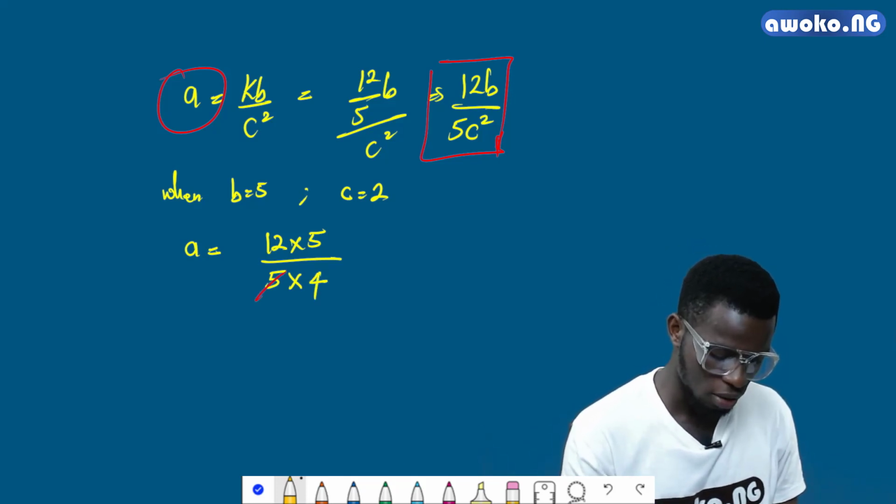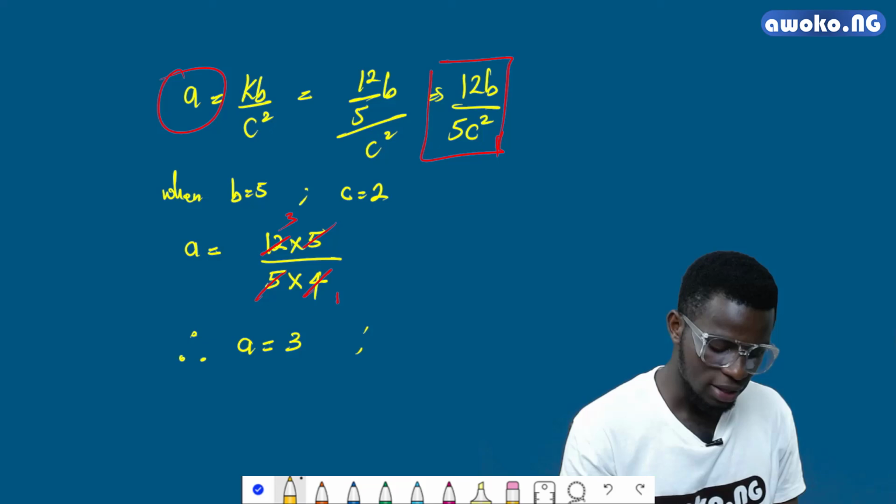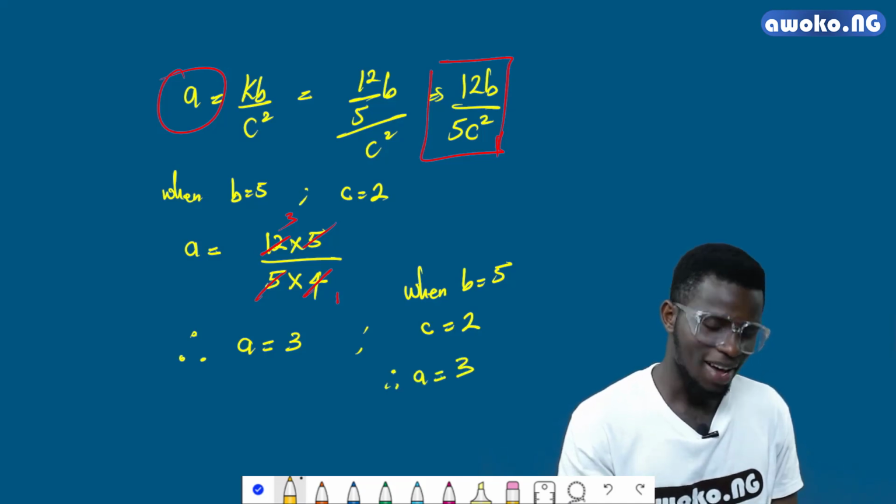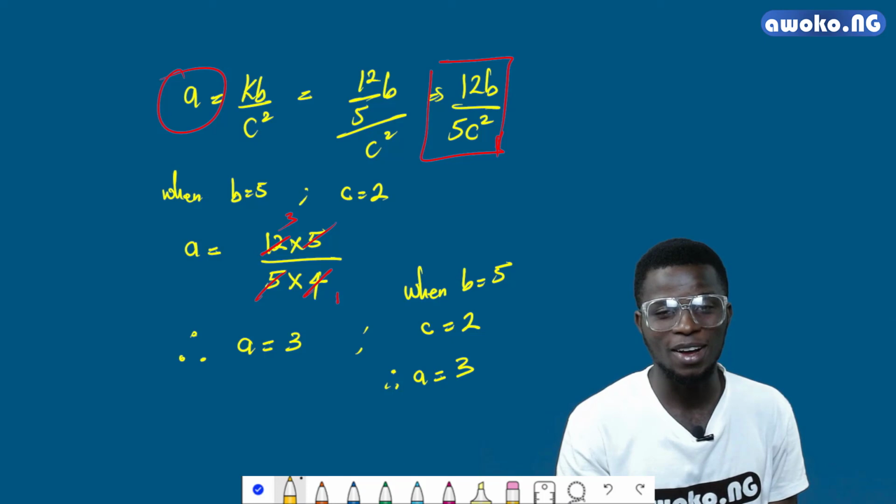This will cancel out, and this goes here 1, this goes here 3. Therefore, A is equal to 3. So when B equals 5 and C equals 2, A is equal to 3. And this is our final answer.